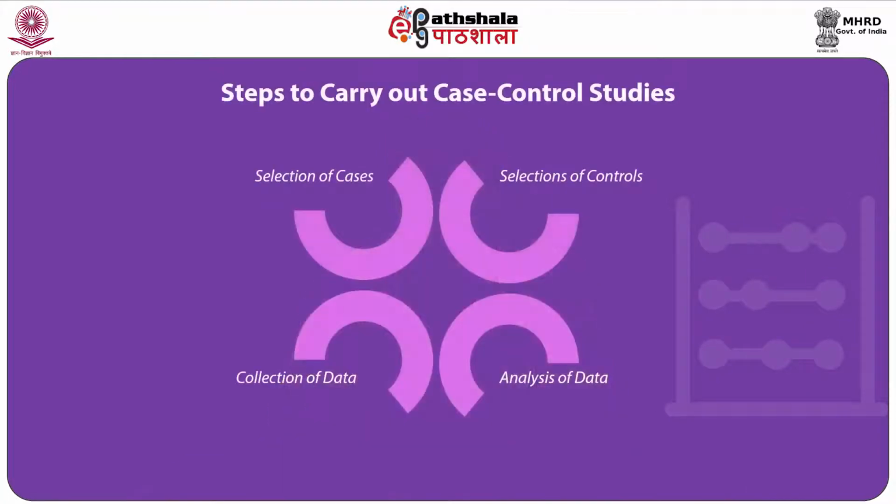Next step is the selection of controls. Selection of the control group is very essential, and controls are generally selected on a sample basis, preferably from a population identical in every way to the case group, except that they do not have the disease or condition being studied.